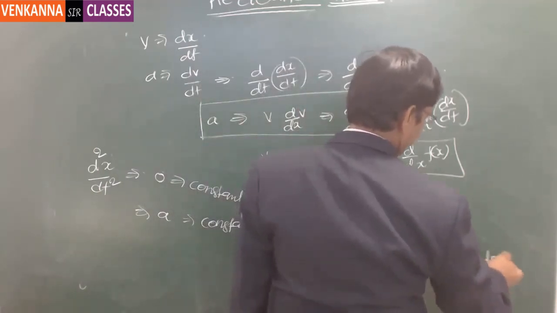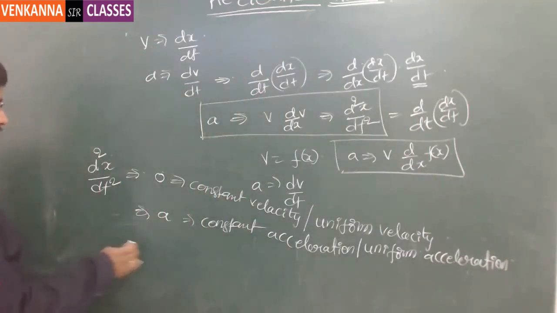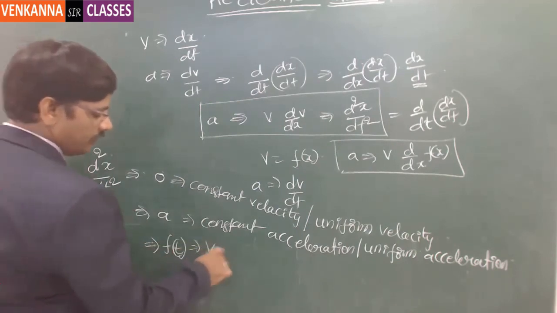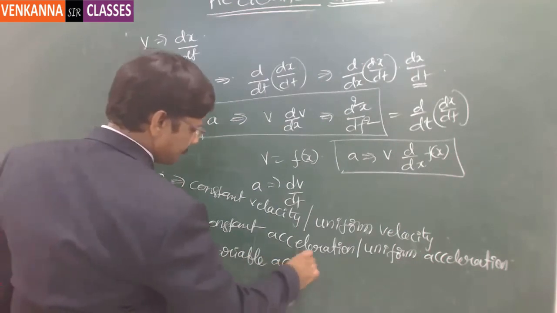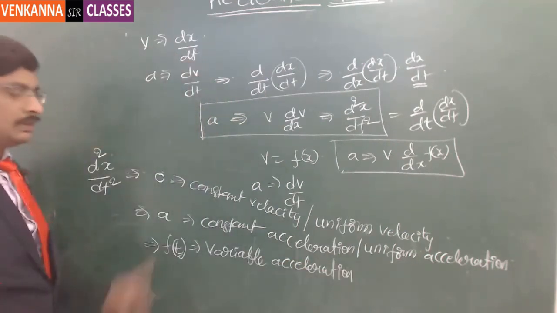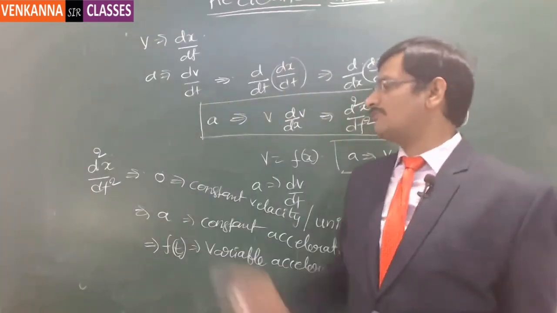So this is the uniform acceleration, and it may be a function of time also. So this is variable acceleration. And here if you notice, this acceleration is always a vector.